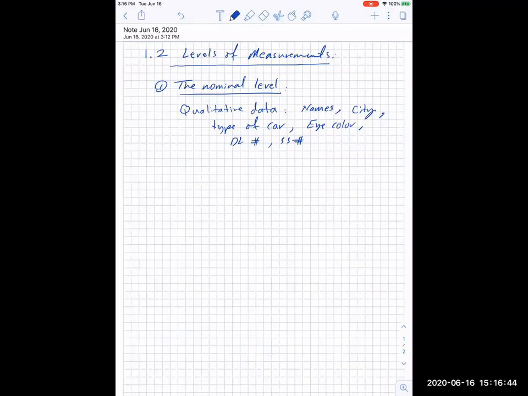The second level is the ordinal level. At the ordinal level, data values can be arranged in order.